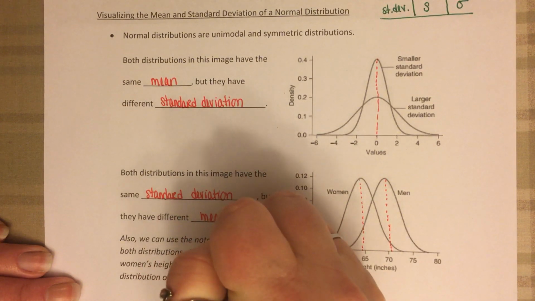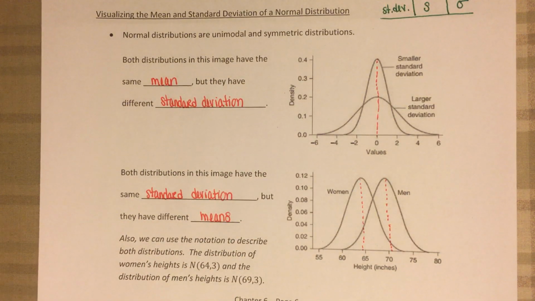They have different centers. As we compare these images, if you're seeing the word mean, think about center. If you're seeing the words standard deviation, we're thinking about how tall or short our curve is, how spread out it is. Is it tall and narrow, or is it short and wide?